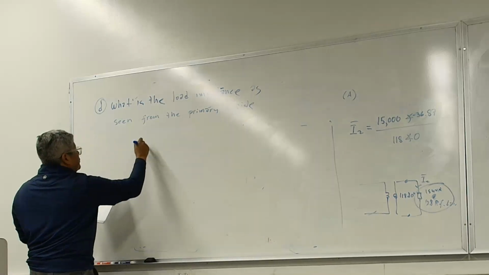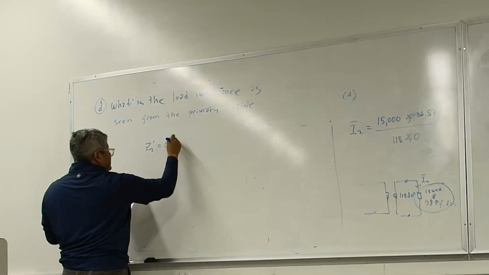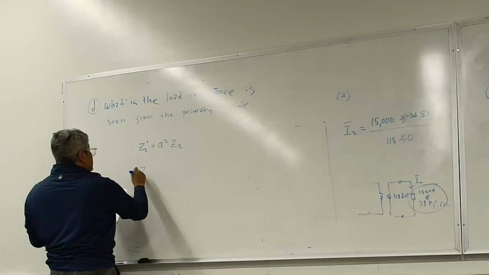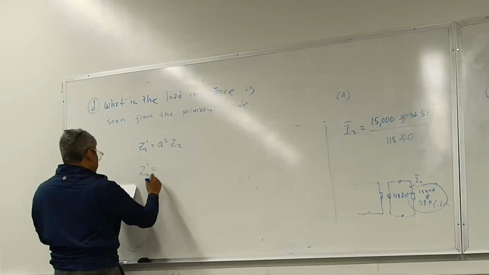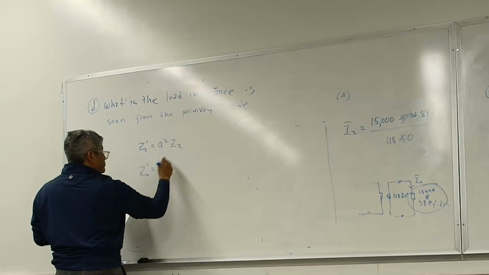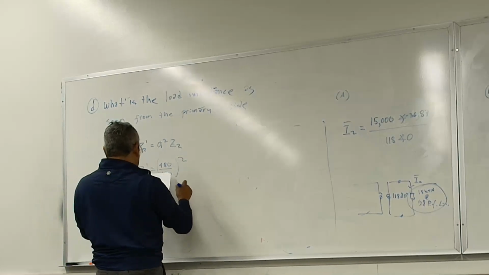Okay, so we're going to call that Z2 prime, which is equal to a squared times Z2. So Z2 prime is equal to 480 divided by 120, which is the turns ratio, squared, which was 4 to 1, right?